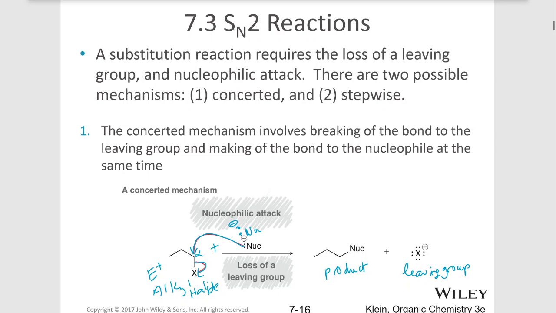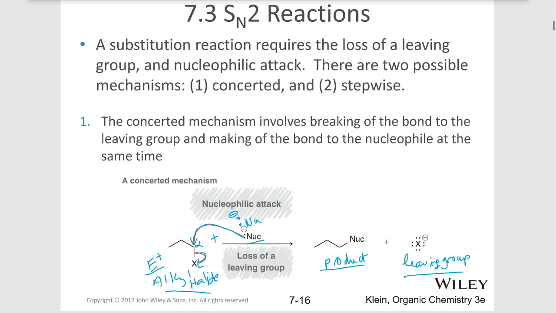So these are our players. We've got an electrophile that is usually an alkyl halide. It can be just an sp3 hybridized carbon with some leaving group. We've got a nucleophile. It's going to replace the halogen or the leaving group, and we've got a product plus a leaving group after the reaction takes place.